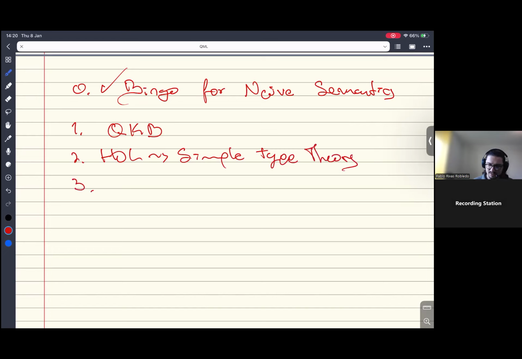And then, if everything goes well, we're going to see this interesting system, which is higher order S5, which is the necessity system of Williamson.